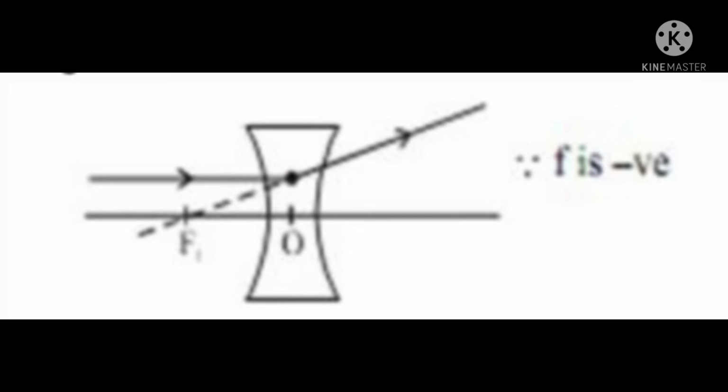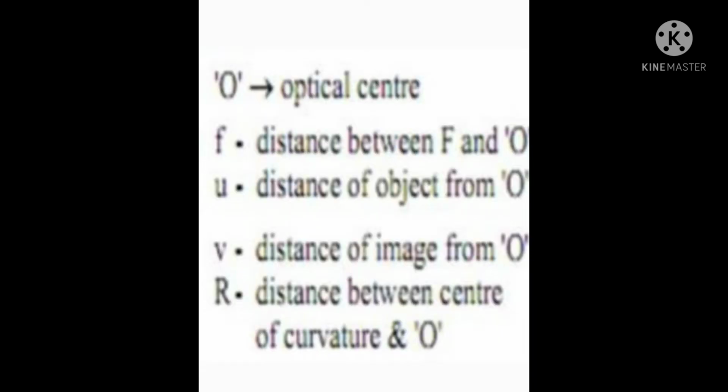For a convex lens it is always positive, and for a concave lens it is always negative. You must take care to apply appropriate signs for the values: u, v, f, object height h and image height h dash. Clear?